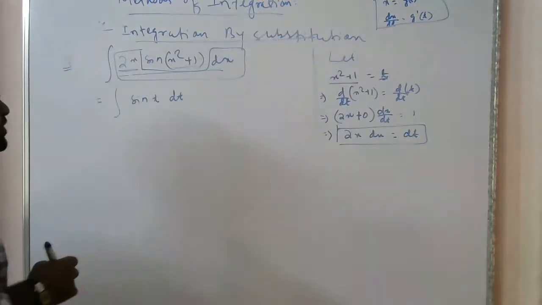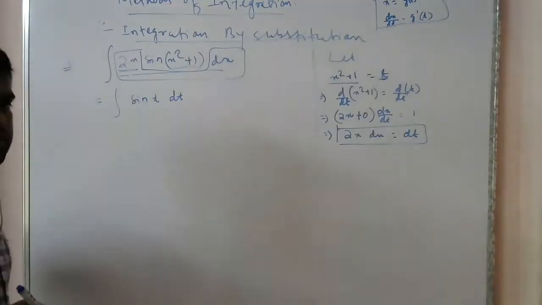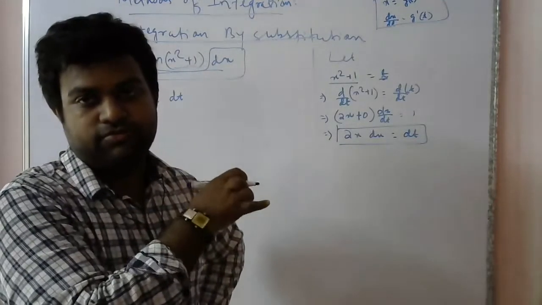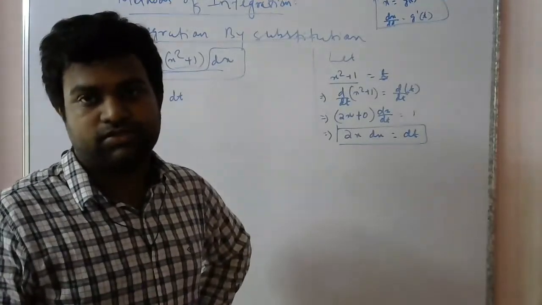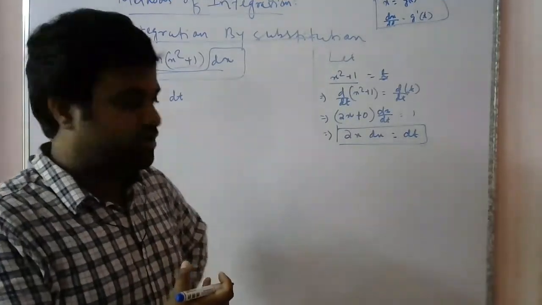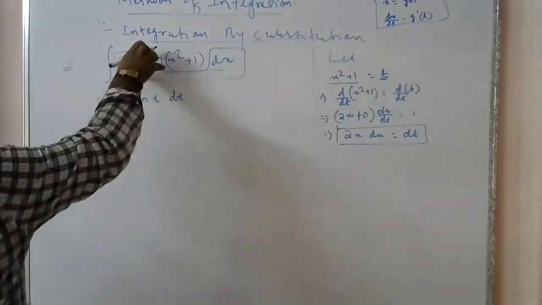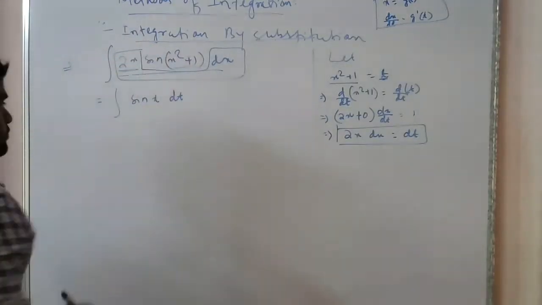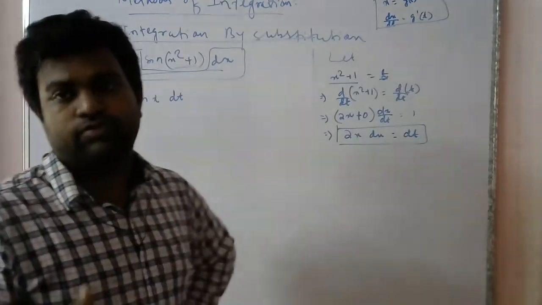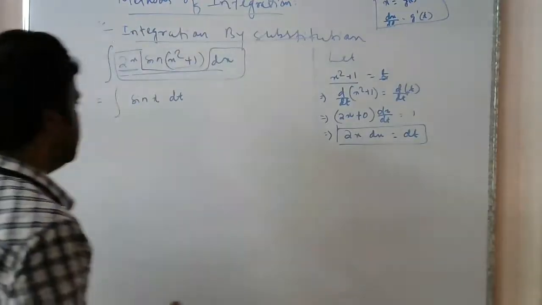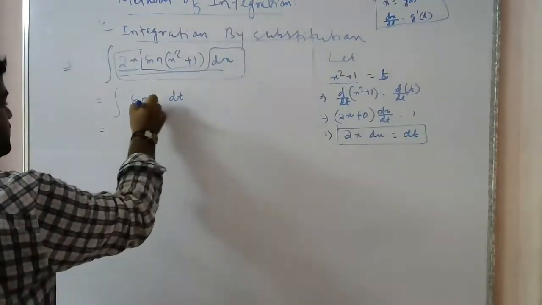Now you see, your integration is now transformed into an easy function. That sine function is known to us. So you have converted this integrand to a new function whose integration is known to you, and you can find its integration easily.